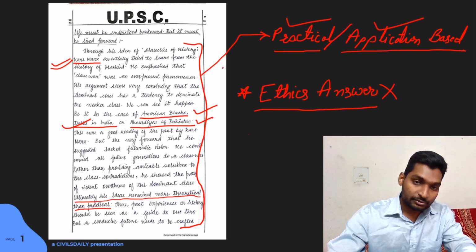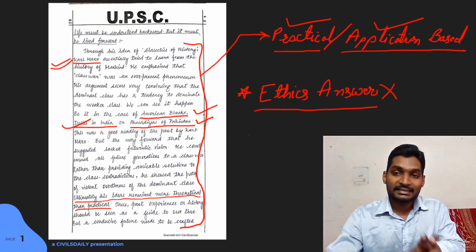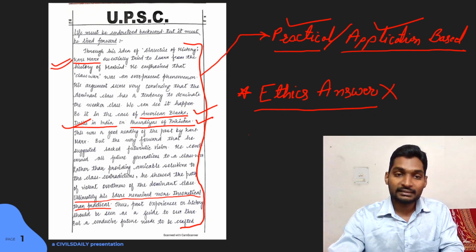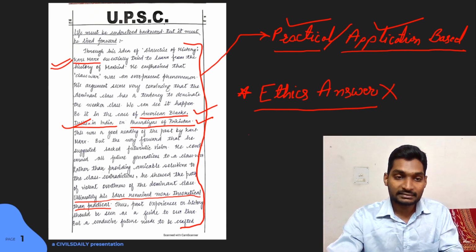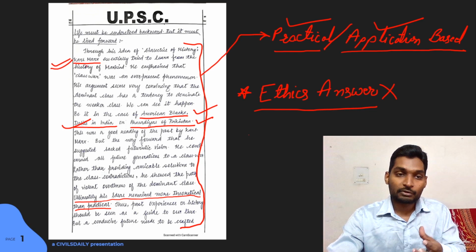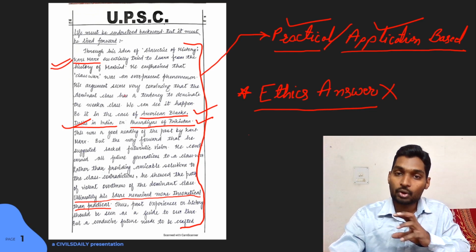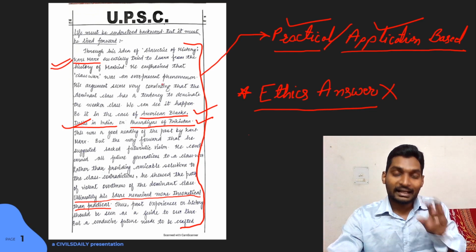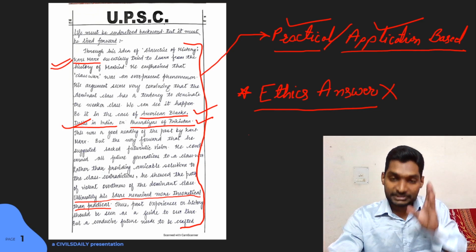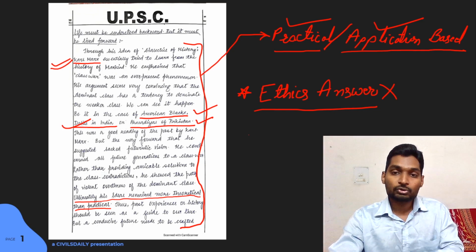Coming back to the introduction, you can see it is very much practical. We talk about American blacks, Dalits, Ahmadiyyas of Pakistan, taking reference from ideas of Karl Marx and so on. But ultimately, it must strike the root of the title. That is the only caveat.